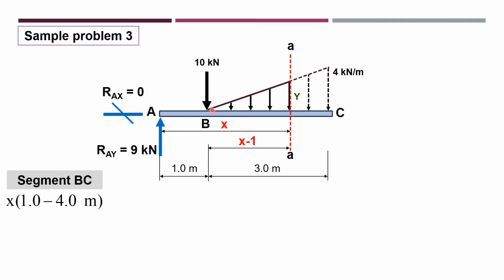While for this varying load, dahil ito lang yung nasakop niya na distance, para later pagkuha natin ang kanyang equivalent single force, that will be x minus 1 lang. Because it will be this distance x minus 1 meter. So, yan ngayon, for segment BC, using the shear and moment equation, yan yung gagamitin natin na distance na may variable na x.